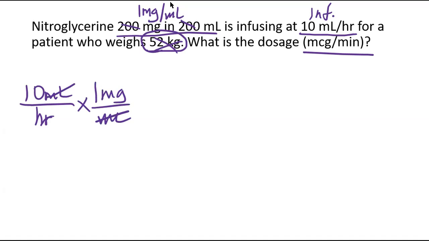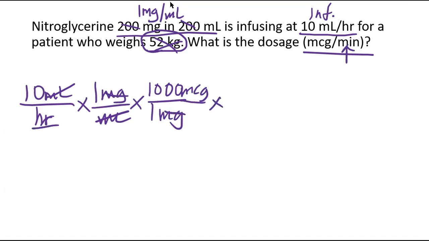But we need minutes and we need micrograms. So this is going to be a big conversion thing. Okay, so 1 milligram underneath 1,000 micrograms. Okay, so we know milligrams have been crossed out. We need minutes, not hours. So we're going to do 1 hour over 60 minutes.